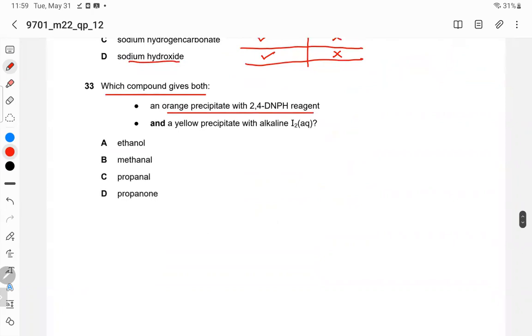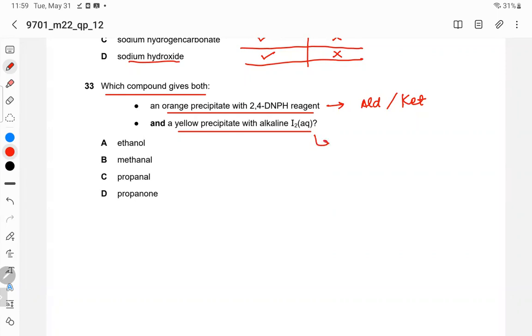Now question number 33. Which compound gives both an orange precipitate with 2,4-DNPH reagent, and if you recall, it can be an aldehyde or ketone, right? And a yellow precipitate with alkaline iodine.